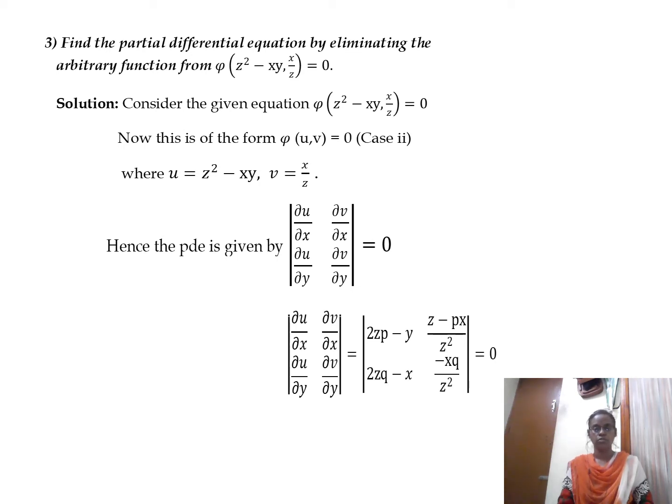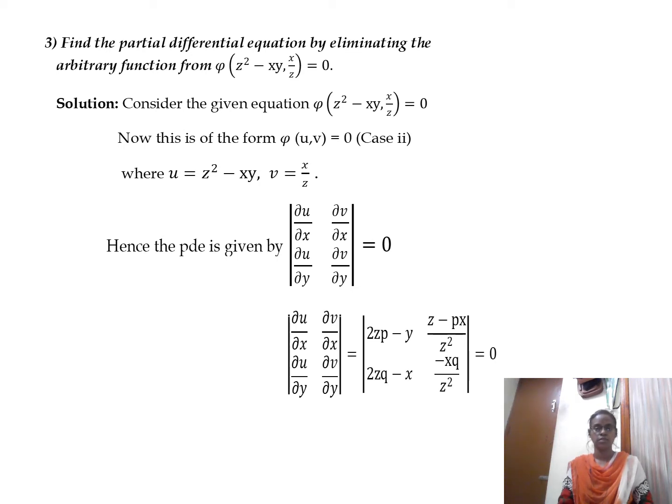Now moving on to dou v by dou y. Now with respect to y when we do, look at this v. Here we have x by z. With respect to y when we do, x is going to be a constant. So it's just like 1 by z, differentiating 1 by z. When we differentiate 1 by z, what we get? Minus 1 by z squared. So that is why we get minus 1 by z squared.